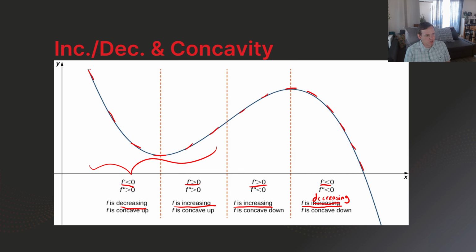Maybe the numbers are -4, -3, -1, 0, 1, 1.5. The opposite is true for the second half. We start with a fairly steep positive slope, less steep, 0, small negative, more negative, more negative. And that's what we mean by concavity. This is what we're talking about as we're looking at that slope.